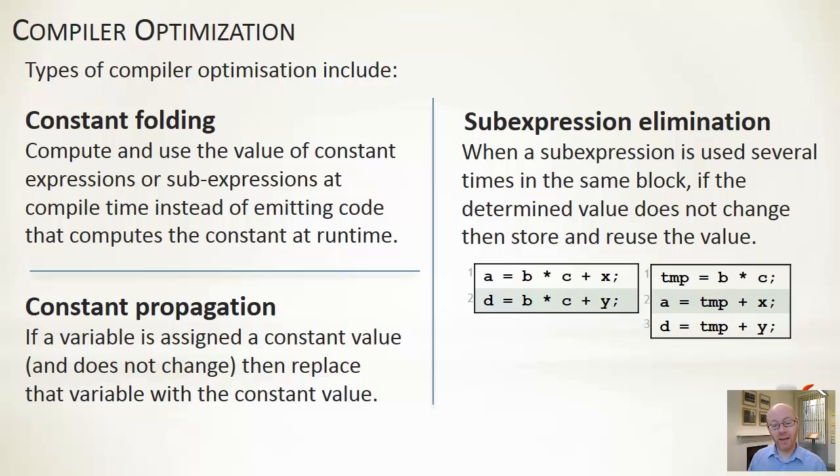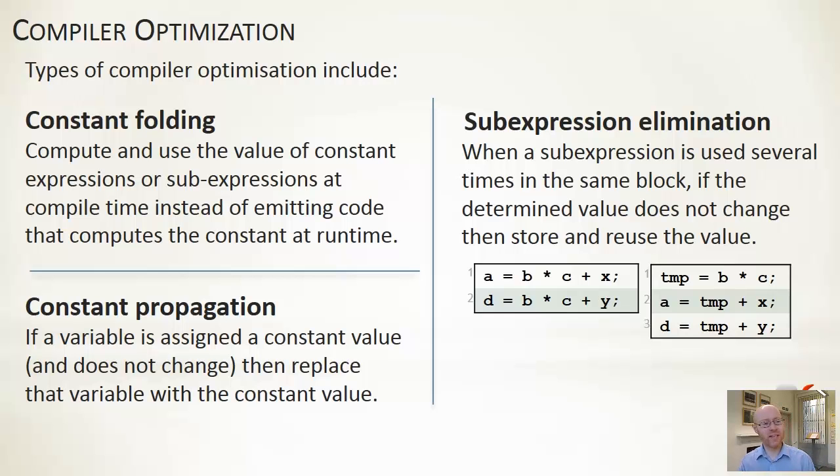So you can see here in lines 1 and 2 over the left-hand side, A is equal to B times C plus X, and D is equal to B times C plus Y. So B times C is a constant expression. And in the example given on the right, we calculate that, store it, and then make use of that calculation in lines 2 and 3.